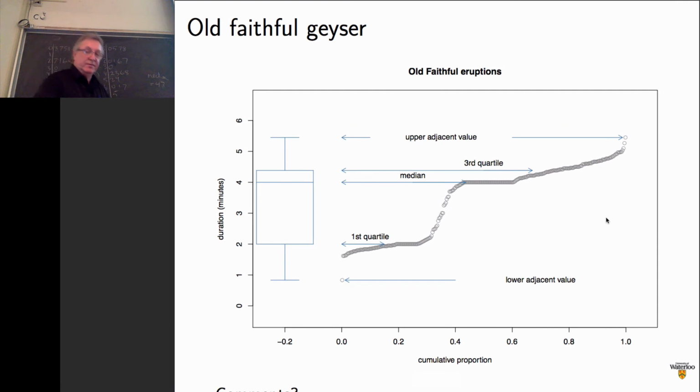And there's Old Faithful. Now, what's distressingly missing from a box plot is the interesting feature of this data set, which is this gap, the bimodality. This box plot itself is a model. So this graphic has a model of the data built into it. And that model is unimodality.